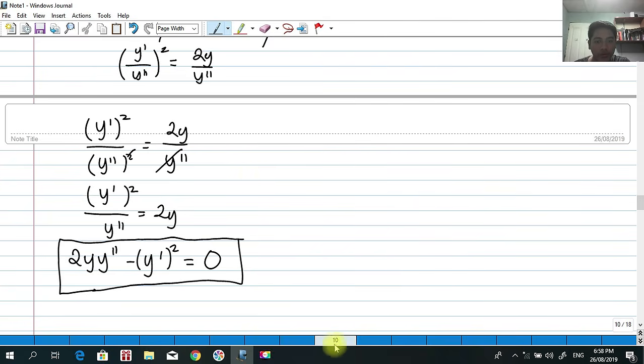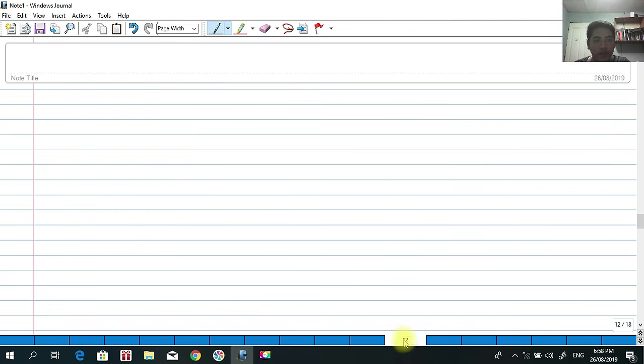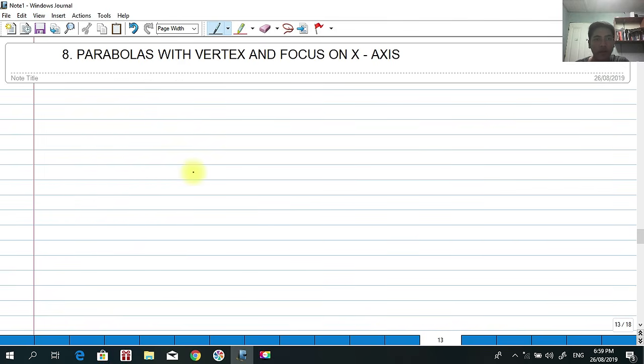Okay, let's continue. For number 8, find the family of curves or differential equation with parabolas with vertex and focus on the x-axis. So we have the focus on the x-axis and vertex on the x-axis.